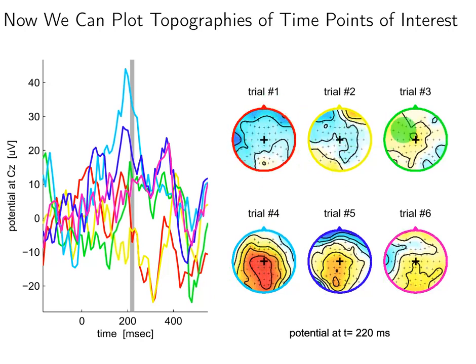Trial 1, 2, 3, 4, 5, 6. Trial 4 represents an interesting localization or observation of some higher amplitude ERPs around CZ.